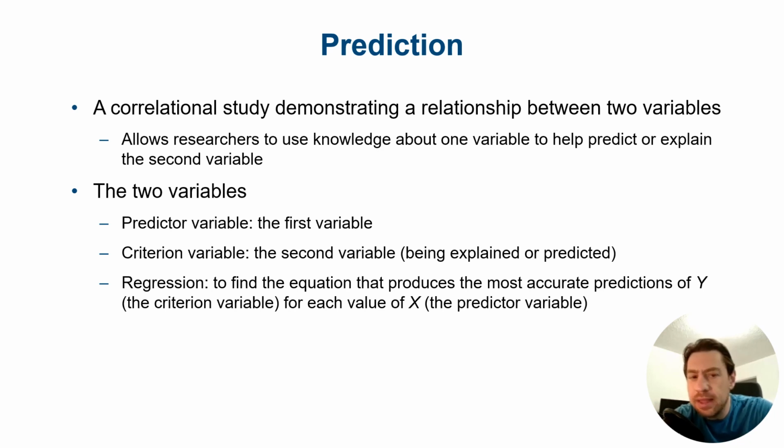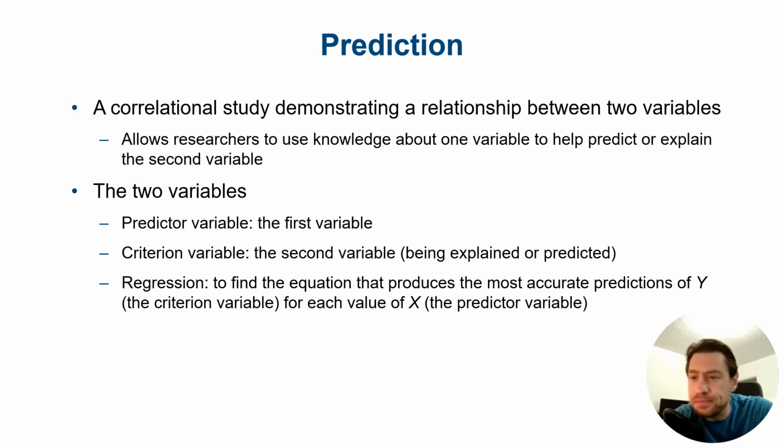Now, the statistical method for using one variable to predict another is called regression, and we'll talk more about regression in the chapter on statistics. But regression aims to find the equation that best predicts the criterion variable y from the predictor variable x.